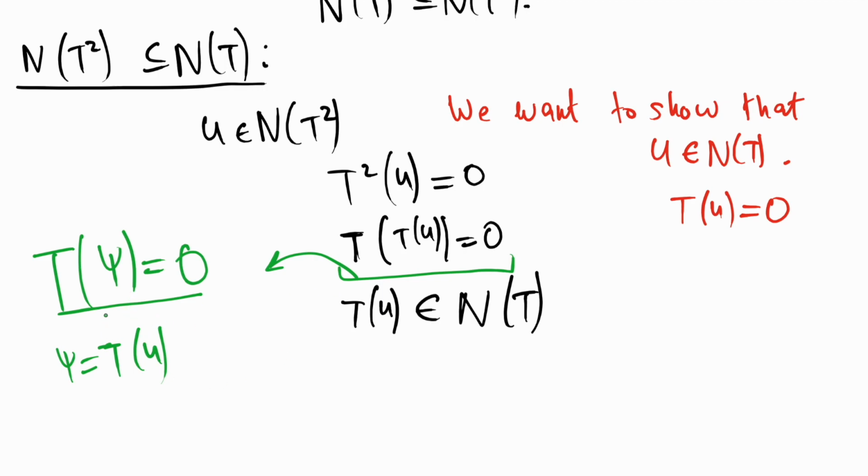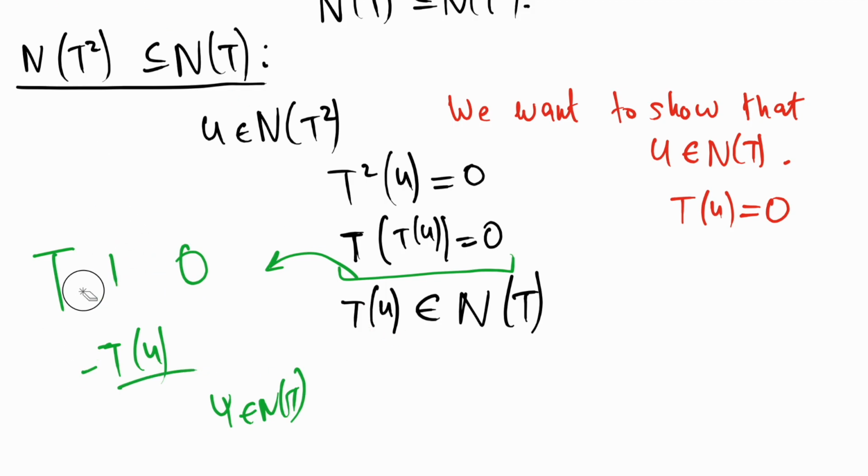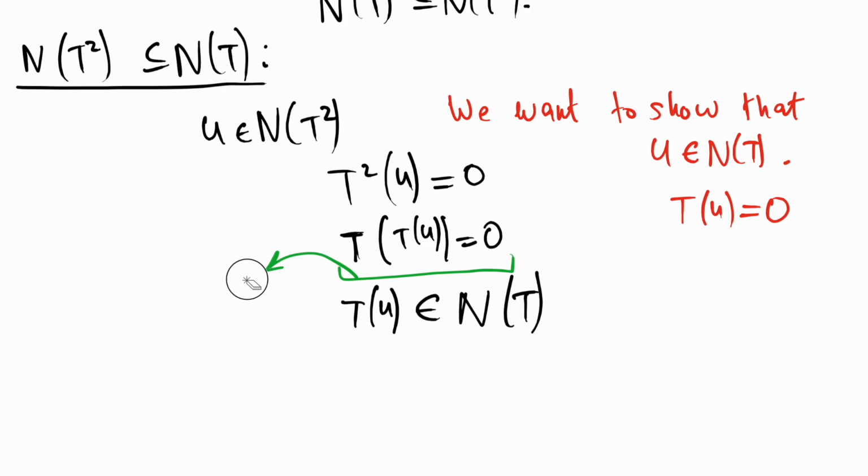This expression means that xi is in the null space of T, and xi is nothing but T of U. So T of U is in the null space of T. Of course, I expect most of you would be familiar with this much abstraction, but for those of you who aren't, I just wanted to explain that part.